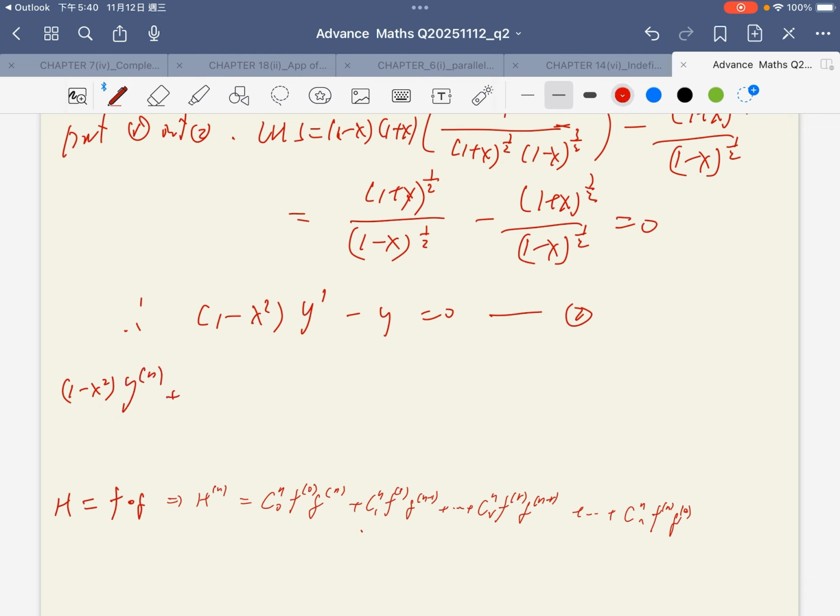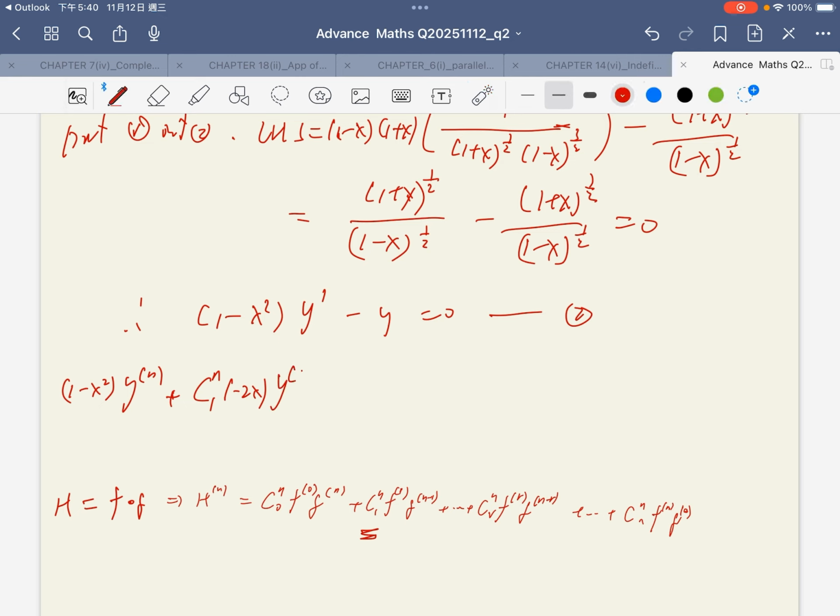And the next part, nC1, and then differentiate this once more, negative 2x, then for this one differentiate n minus 2.